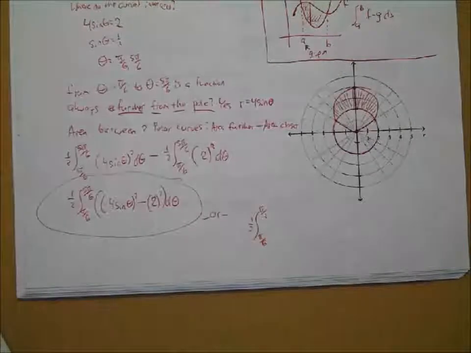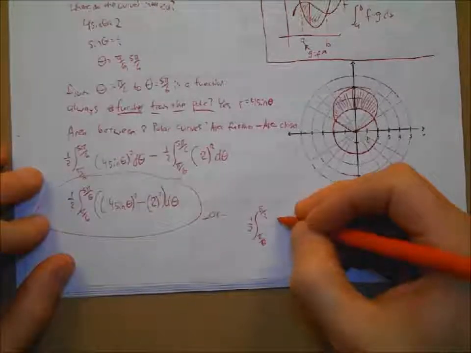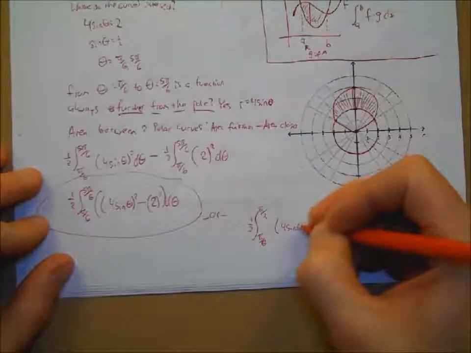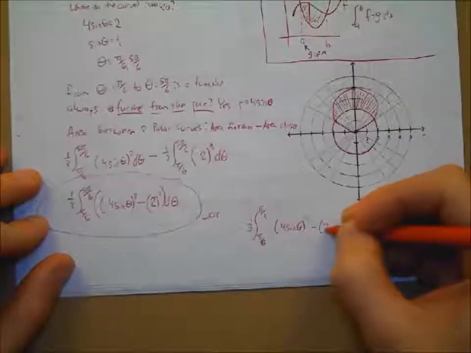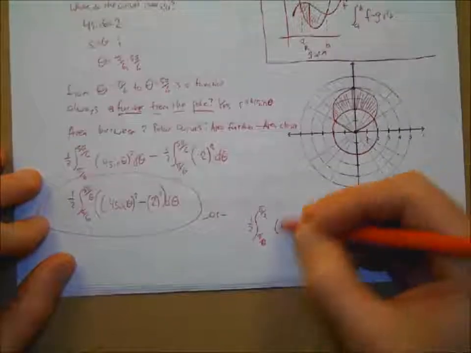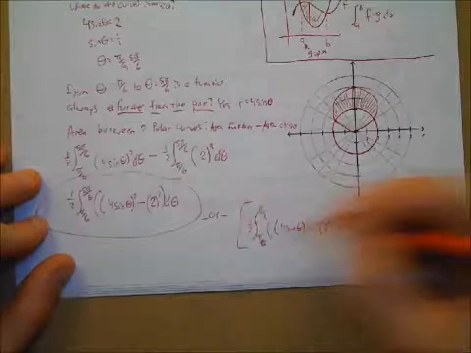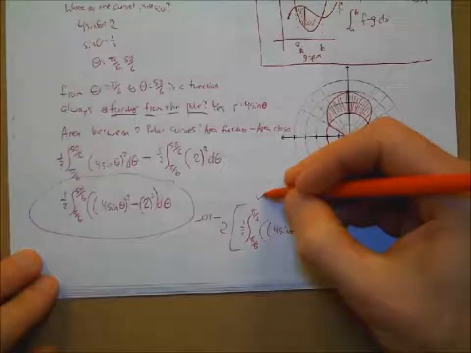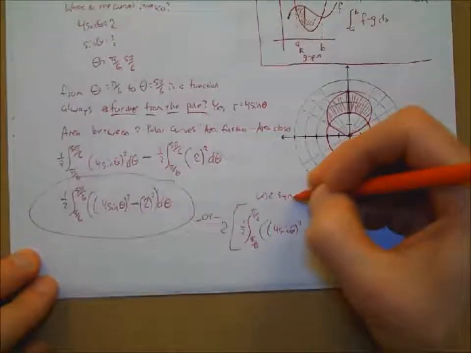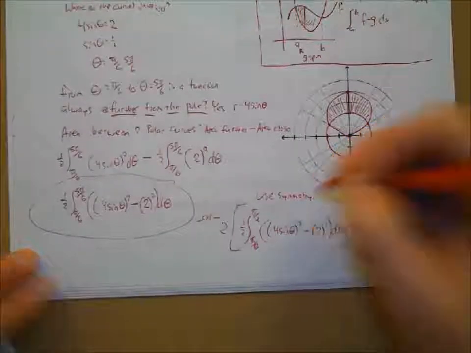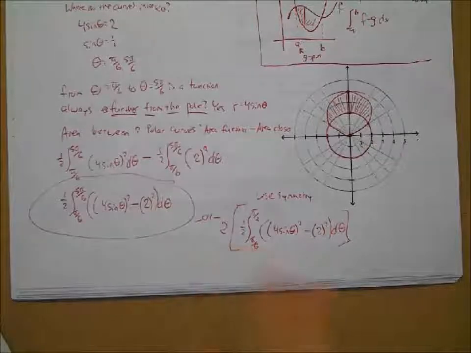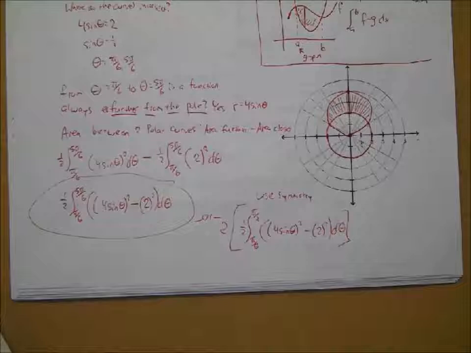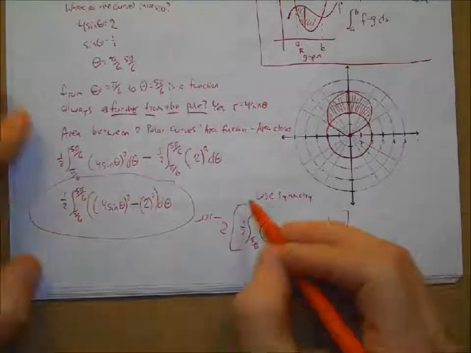No. So we'll still keep 4 sine theta squared minus 2 squared d theta, but then I'm going to double that quantity, using symmetry. In a case like this, the symmetry doesn't really save us any time or headache, since we already have the two limits. But it is helpful in some cases.